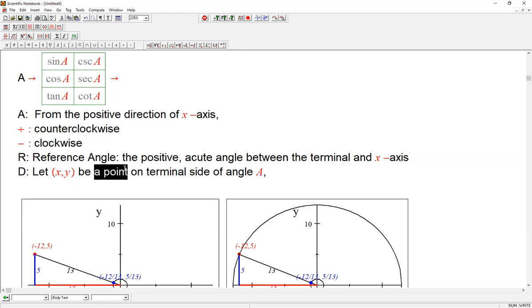It's a point, and a point means any point. I want you to remember that it's any point.